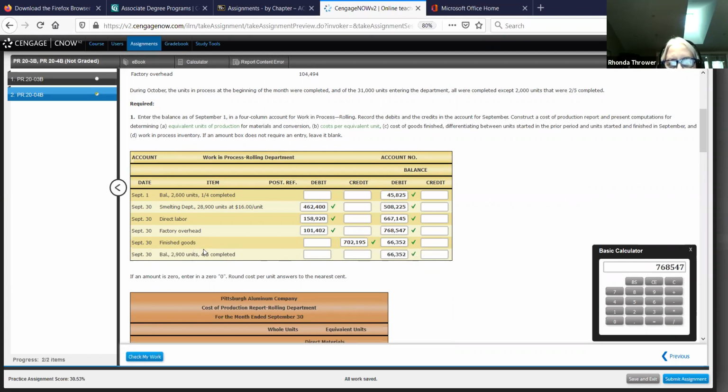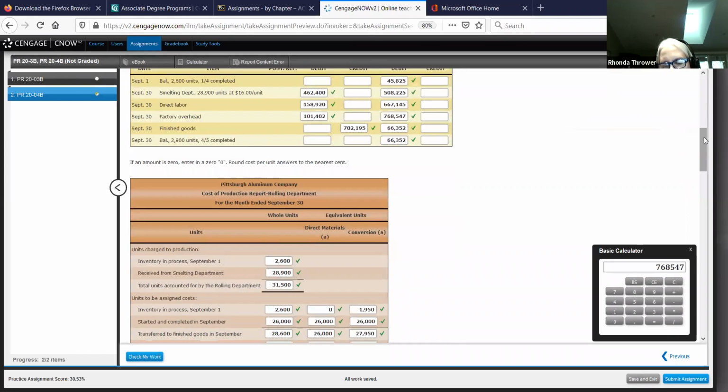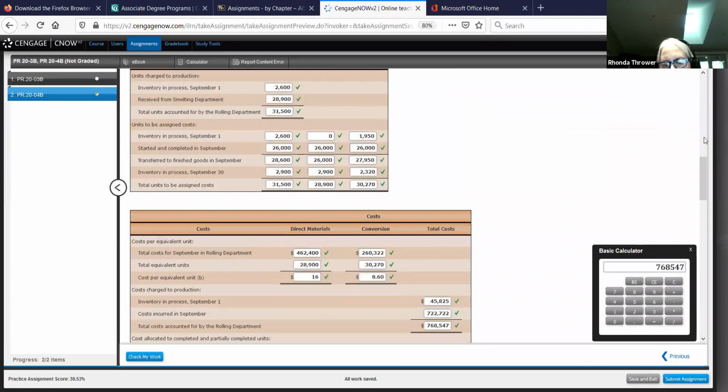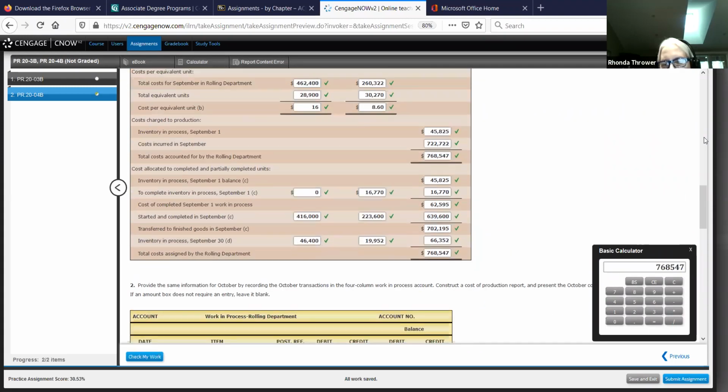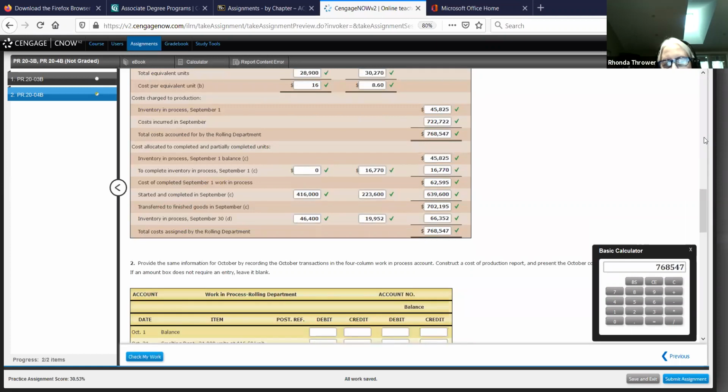Maybe you should put finished goods and then ending inventory balance here at 2,900 units that were 4/5 complete. But you wouldn't put it in the ledger again separately. That didn't make much sense to me. But anyway, to make Cengage give you the 100% that you want, you have to stick that in there.